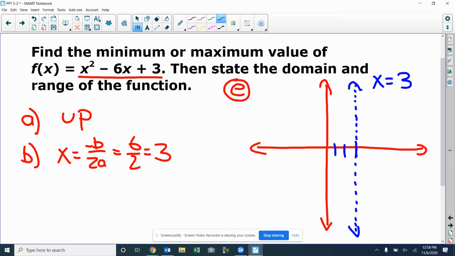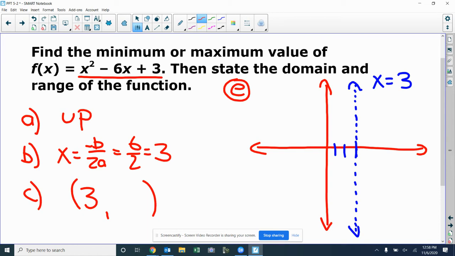Now, A, B, my C. What is my C? What am I finding for C? My vertex. Well, hey, I already have half of it, don't I? I already have half the vertex. So I'm going to plug 3 in. I'm going to find f of 3. What's 3 squared give me? 9.